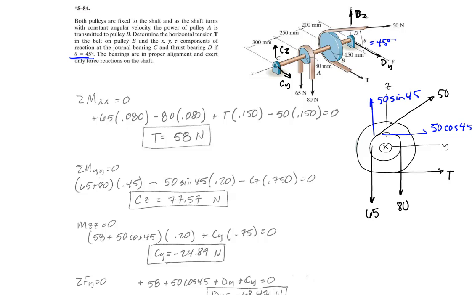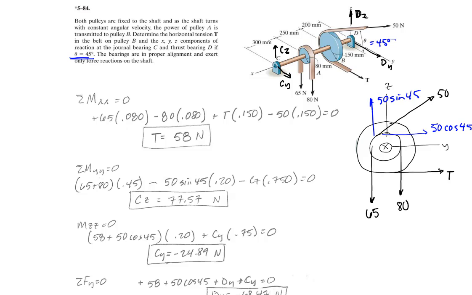Perpendicular to the y-axis are these two forces trying to go in this direction. CZ is going in this direction. And this component of the 50 Newton force is going up like that. It has a moment about the y-axis.